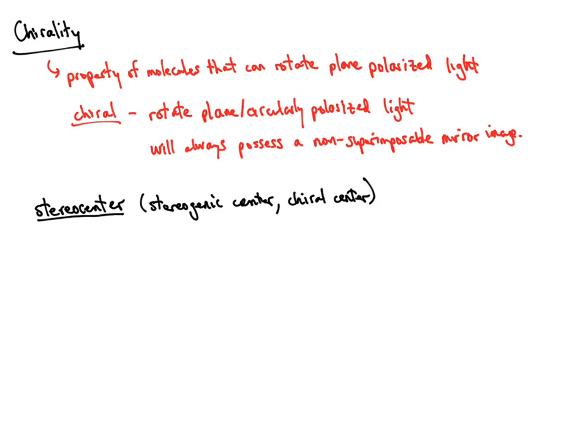A stereogenic center is a tetrahedral atom that contains 4 different groups. This means that the molecule itself has a non-superimposable mirror image, or enantiomer. So let's take a look at some examples.